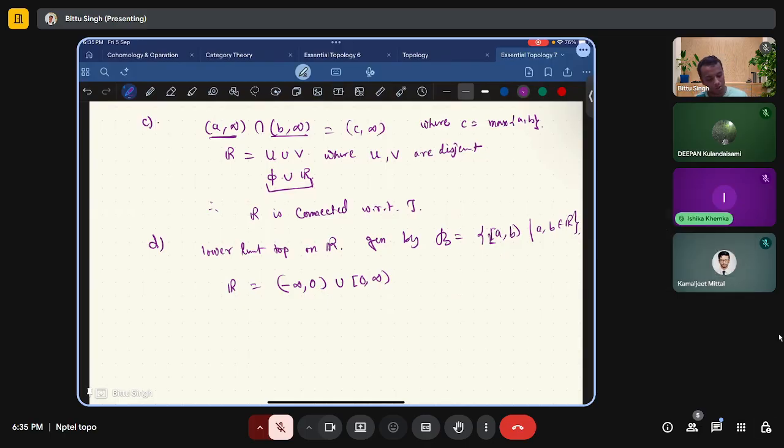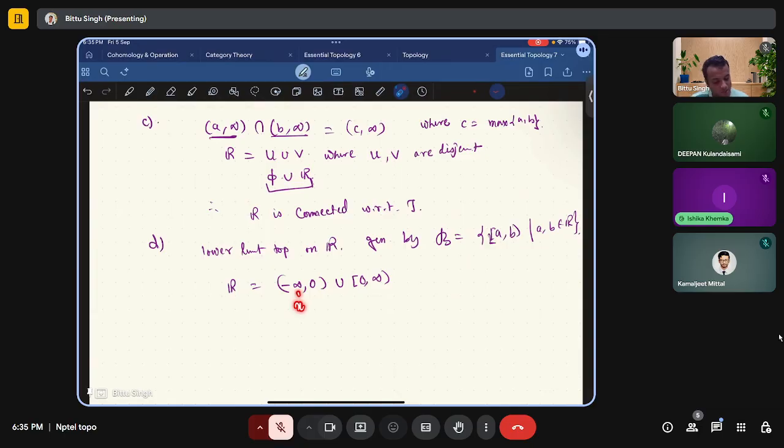So this is open in usual topology. Therefore, this will be also open in lower limit topology. Lower limit topology is finer. So if something is open in usual topology, it must be open in lower limit topology. And you can also directly check if something is open or not by basis, right?